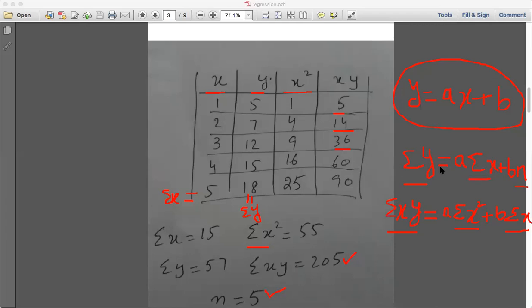Please solve these two equations and find the values of a and b. Put the values and check what values come and what equations are formed.